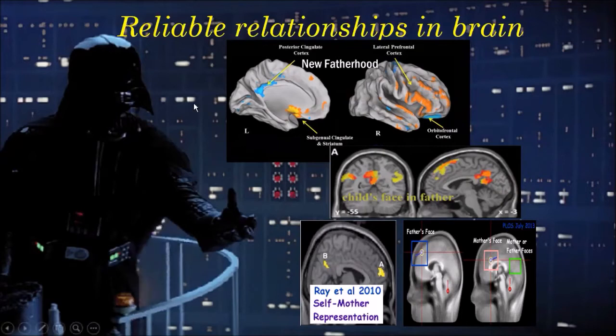When dads have a new child, when their partner gives birth, they actually have a reduction of the PCC, and more material goes up in the front, in and around area 9. So you get an increase in the paternal hub.